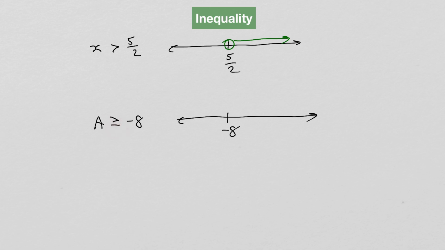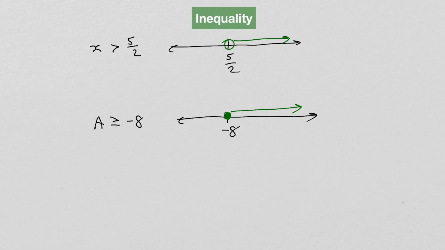Because this is equal, we're now going to put a closed circle at -8, and then everything to the right would mean greater than -8. So the closed circle means equal to, and the arrow to the right means greater than. Therefore it represents greater than or equal to.